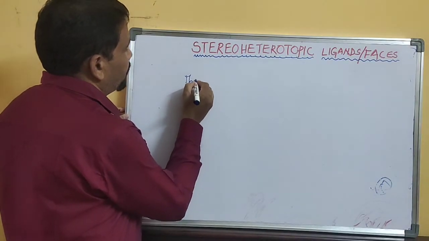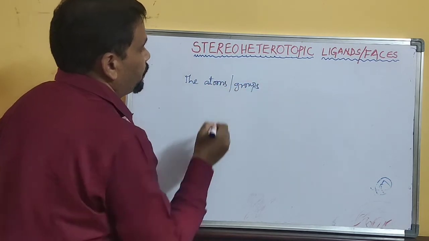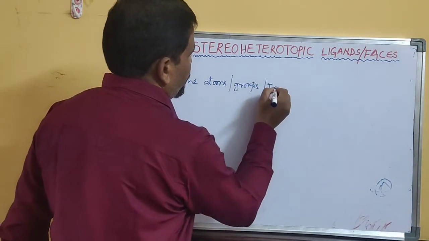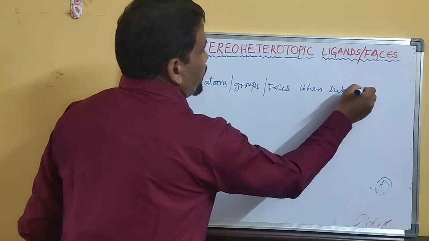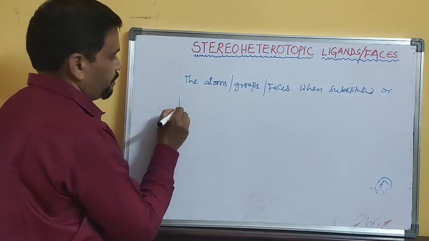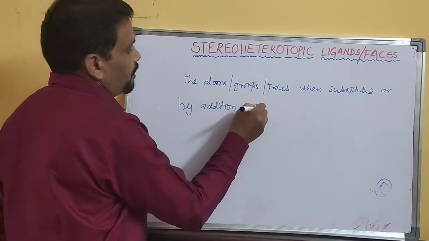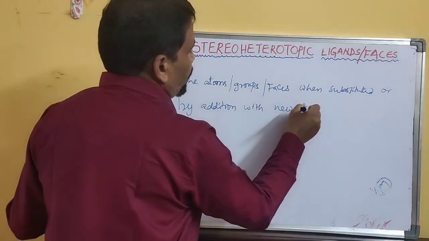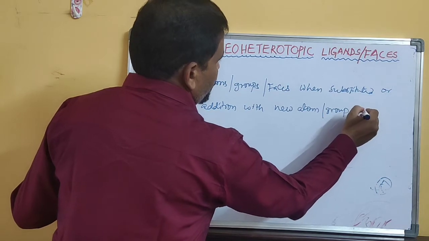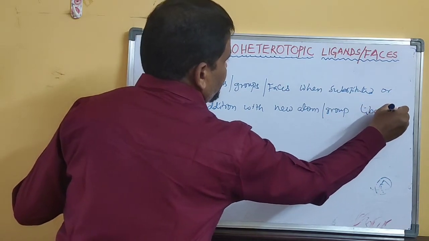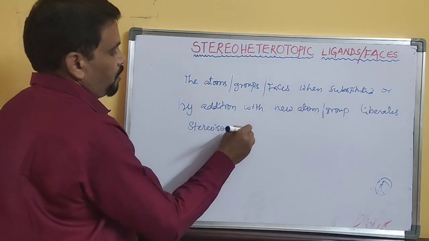The atoms, groups or phases, when substituted or by addition with a new atom or group, liberate stereoisomers. What are stereoisomers?